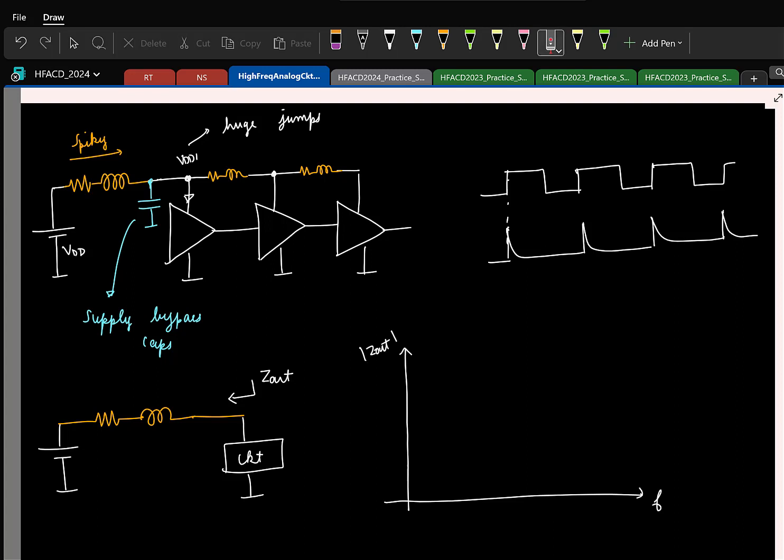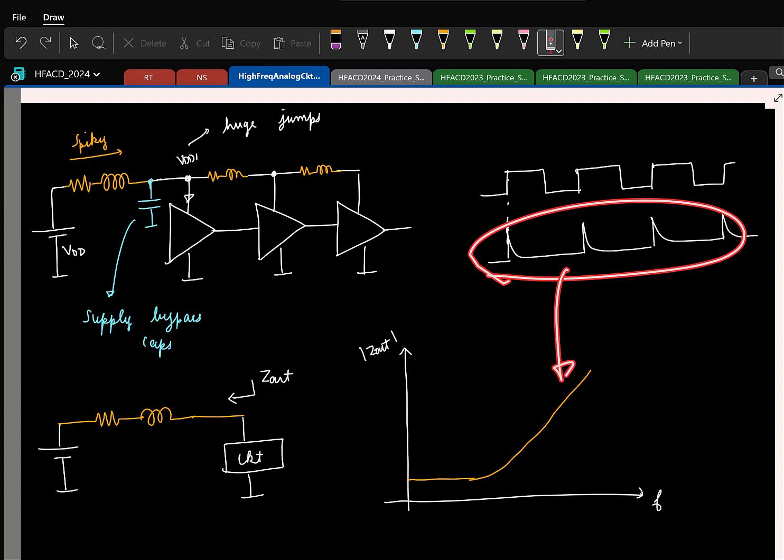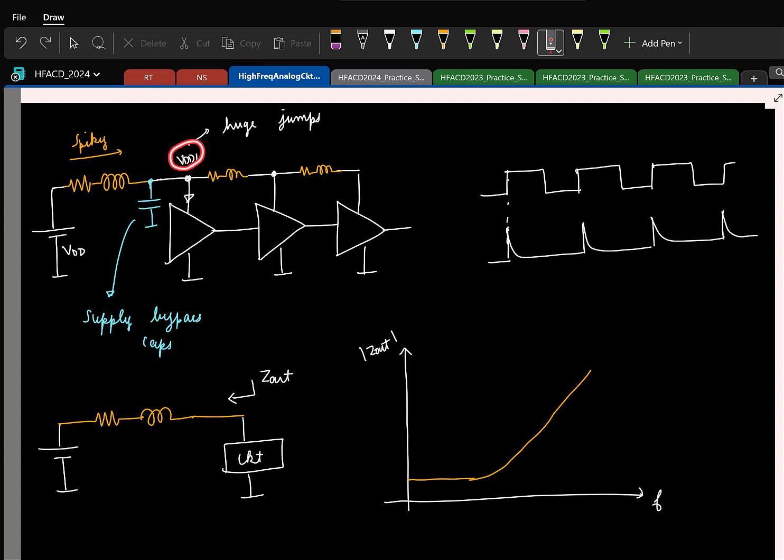At very low frequencies, what will be the impedance? It's only the resistor. So let's say the resistor is small, so we'll have something like this. And as frequency increases, it will increase. So that is why at very high frequencies you have a large impedance, and that large impedance drops a large voltage when the current flows, and that is what is resulting in the huge jumps here.